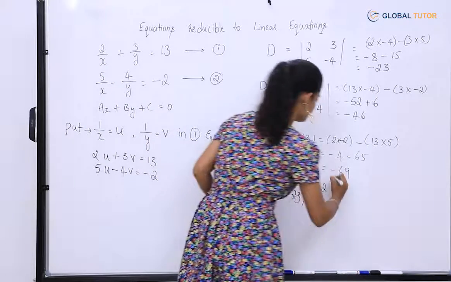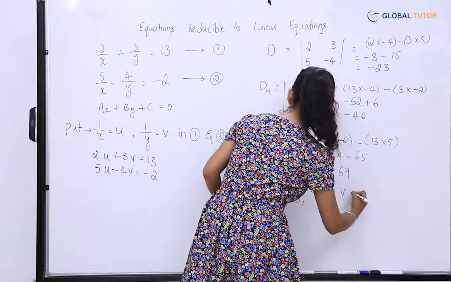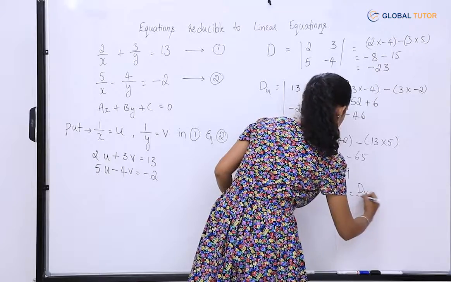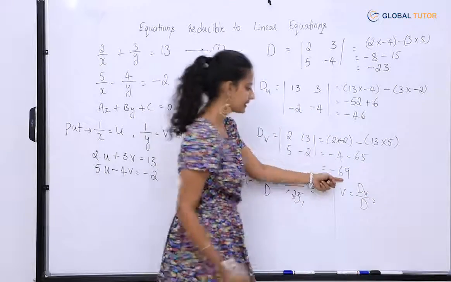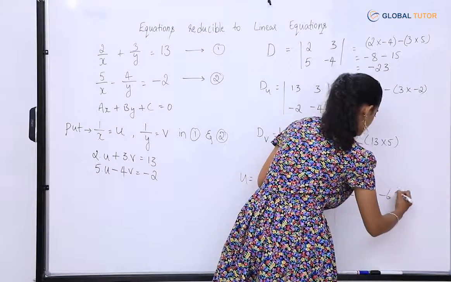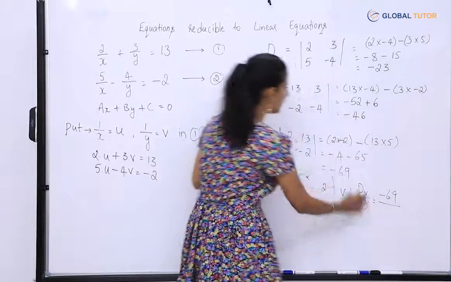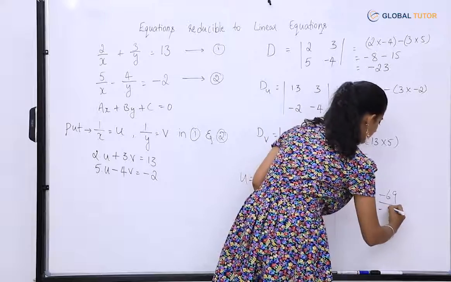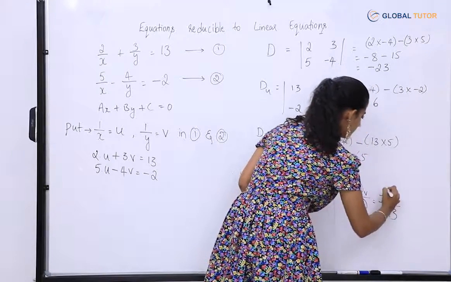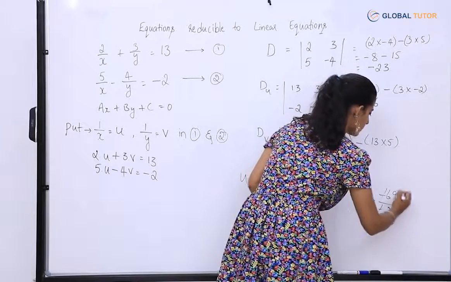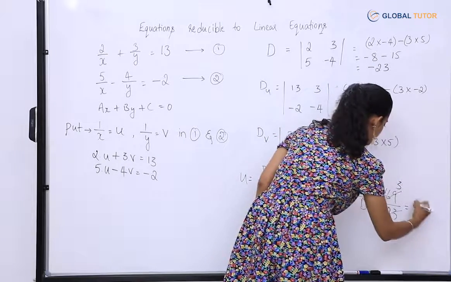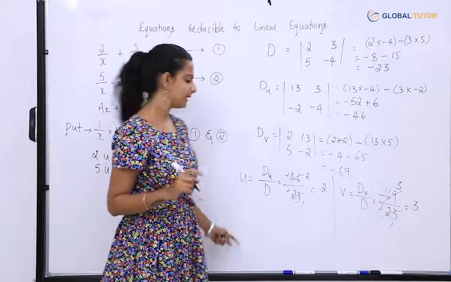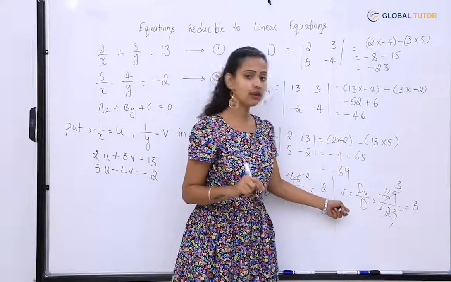Similarly, v is equal to Dv divided by D. What is Dv value? Minus 69. And D value is minus 23. Minus and minus get cancelled, 23 ones and 23 threes. So v value is 3. Now we got the values of u and v.